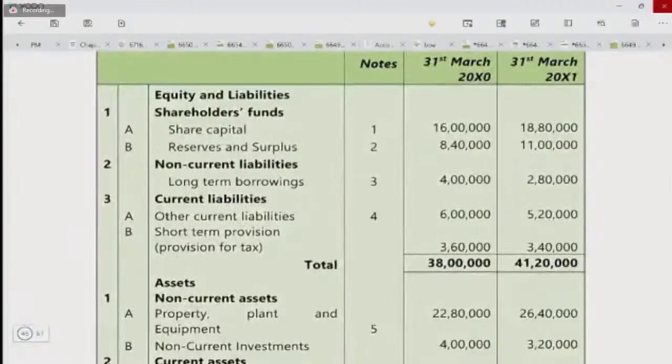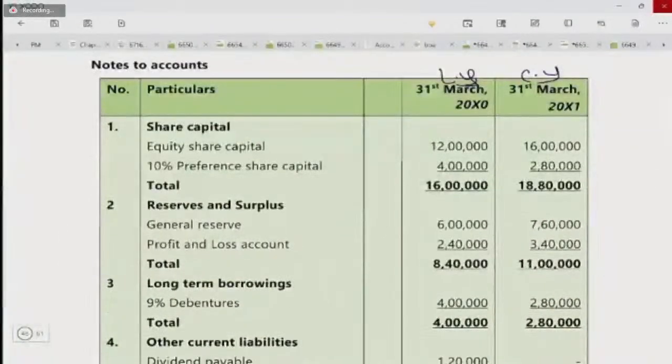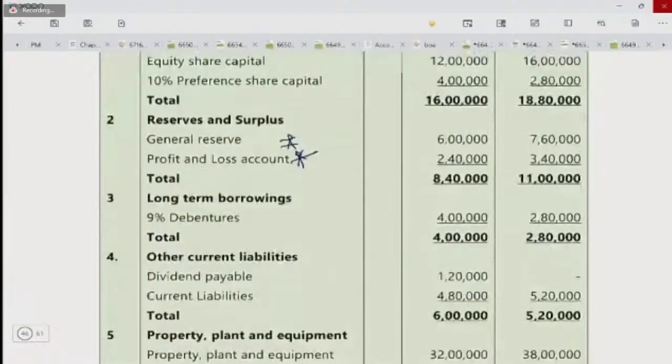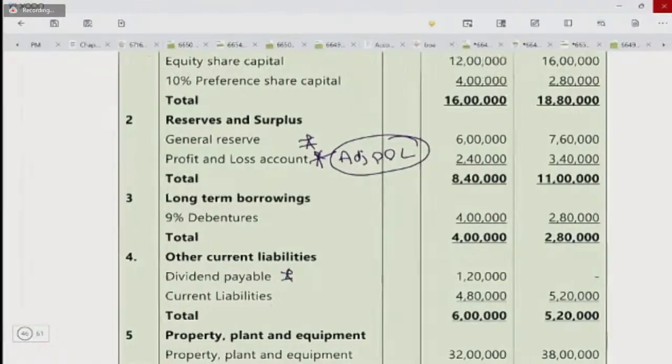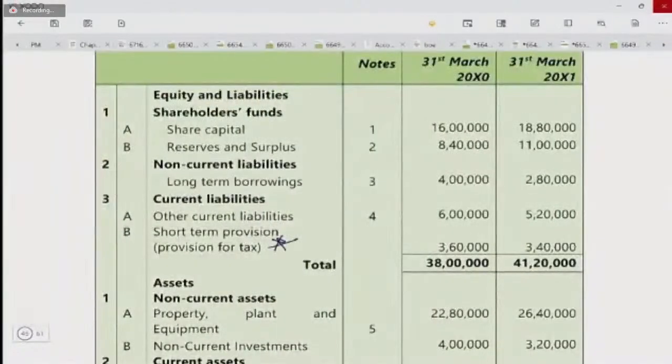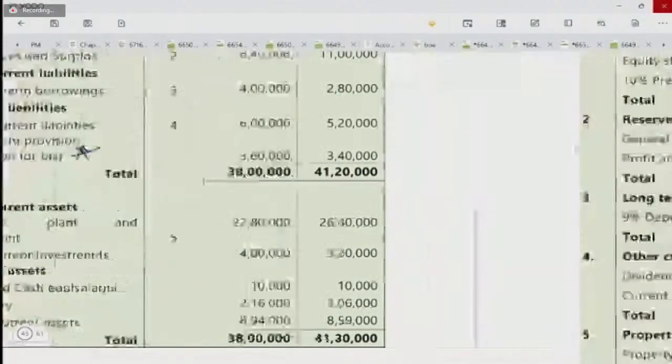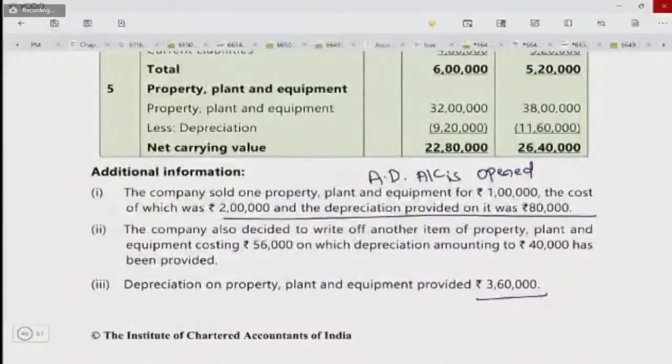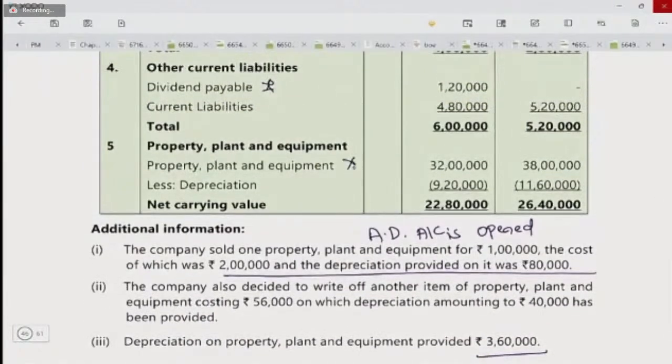Reserves and surplus. Yes, open general reserve and P&L account. So this is the adjusted P&L. Dividend account is mandatory. Income tax account is mandatory. Property, plant and equipment sold, so this account we have to open, the AD account we have to open.